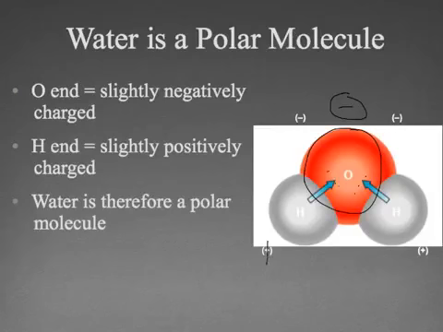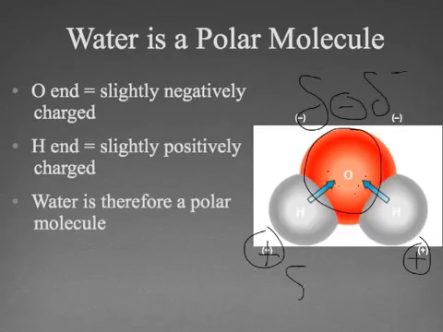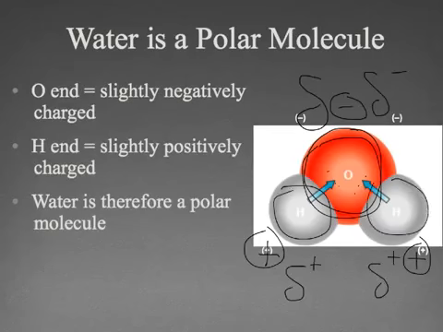Similarly, the hydrogens end up with a slightly positive charge. It's not a full charge. We label it with the little delta symbol, delta minus and delta plus, meaning partially negative and partially positive. This end is partially negatively charged, and these ends are partially positively charged. That partial negative and partial positive charge gives water a lot of really cool properties.